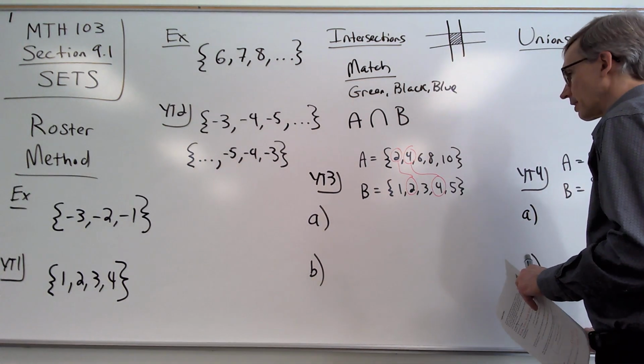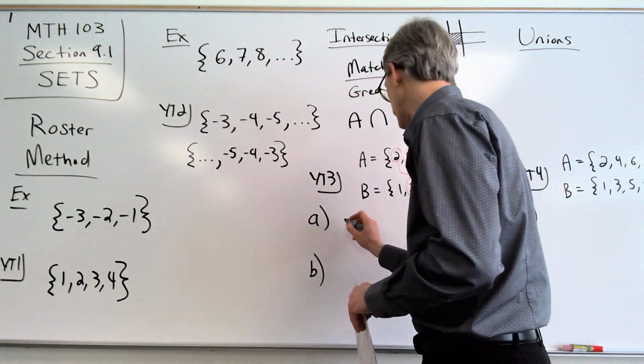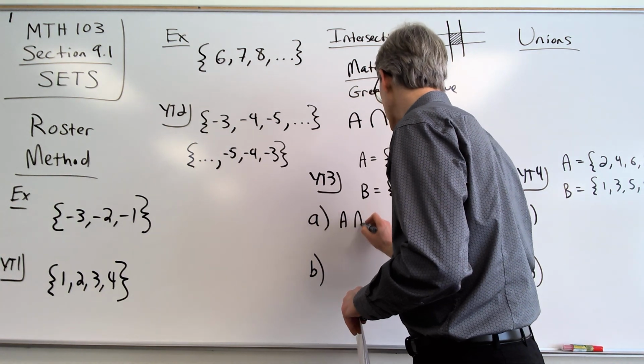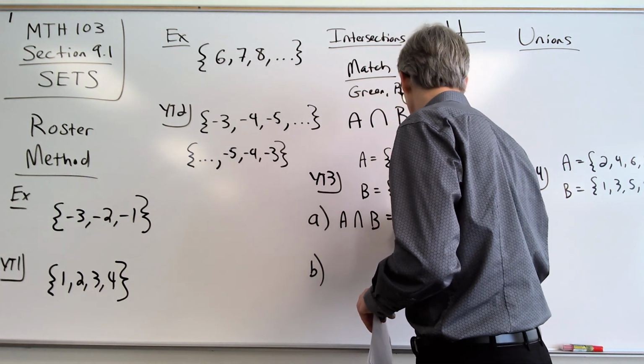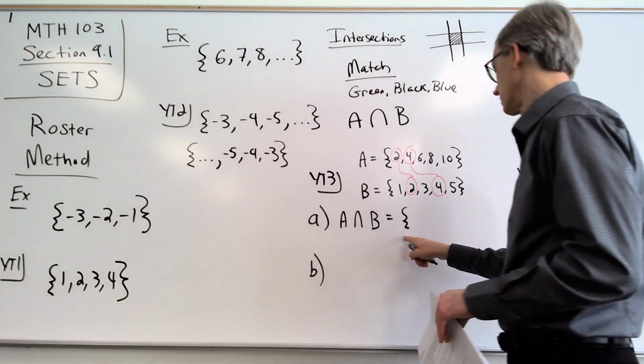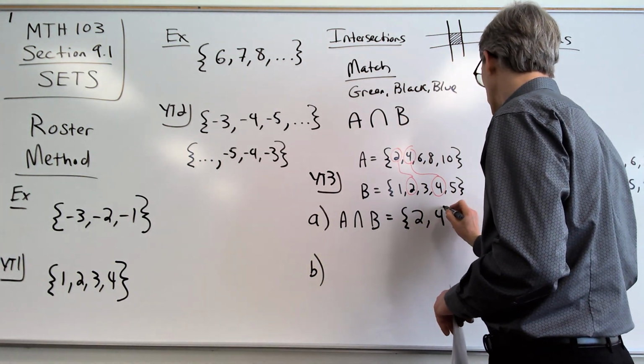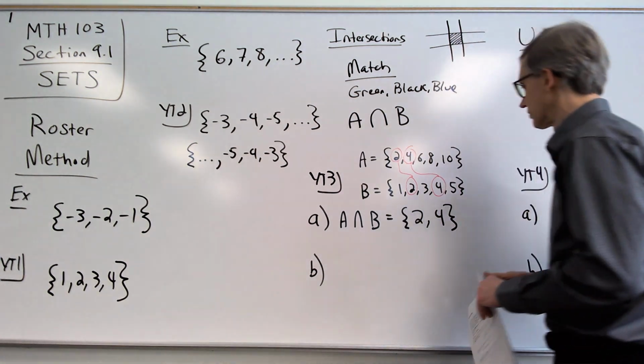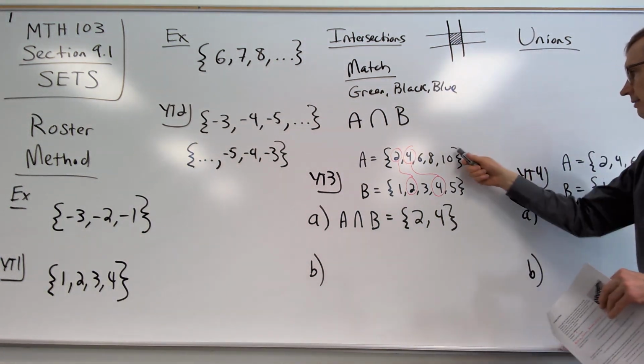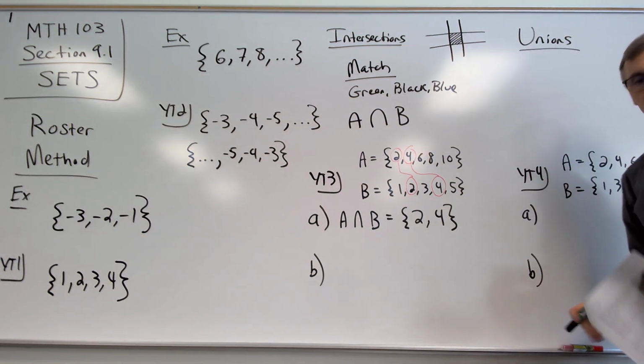So we have 2 matching elements. So write the intersection, A intersect B, in set notation and then roster method, write out those 2 elements. So the intersection of set A and B are 2 and 4.